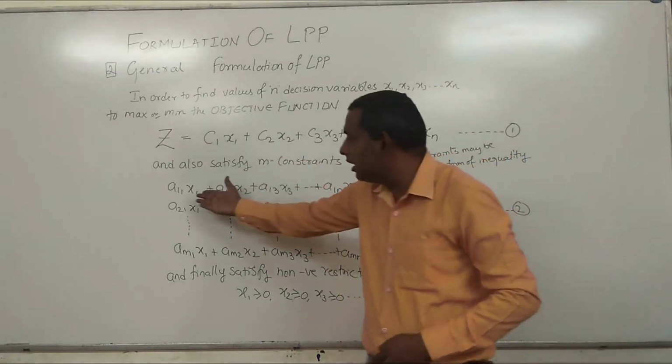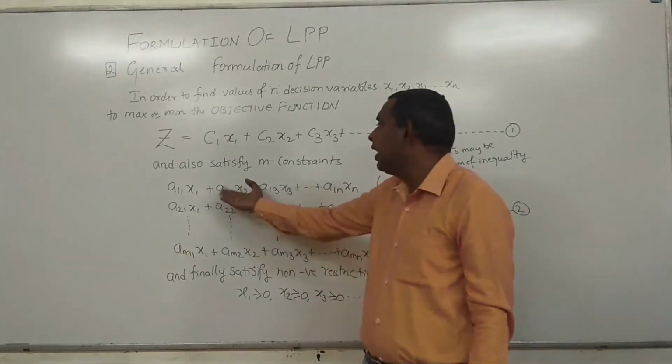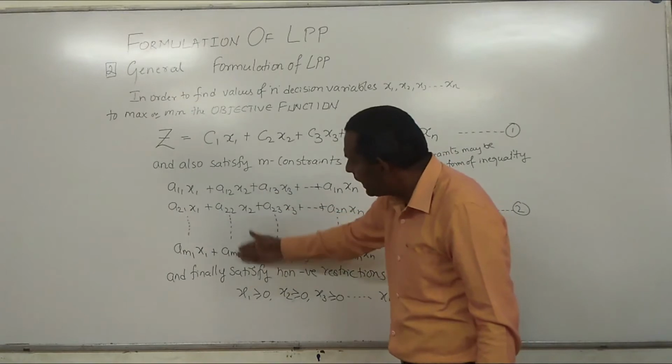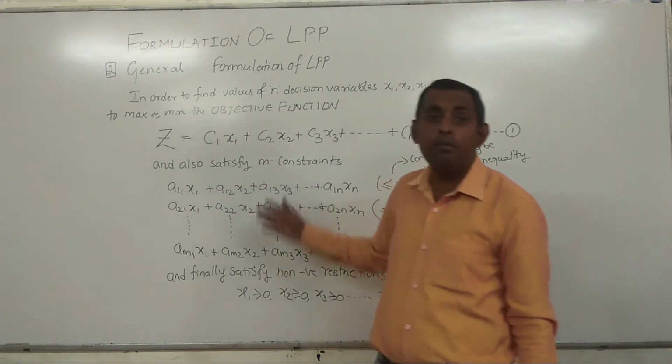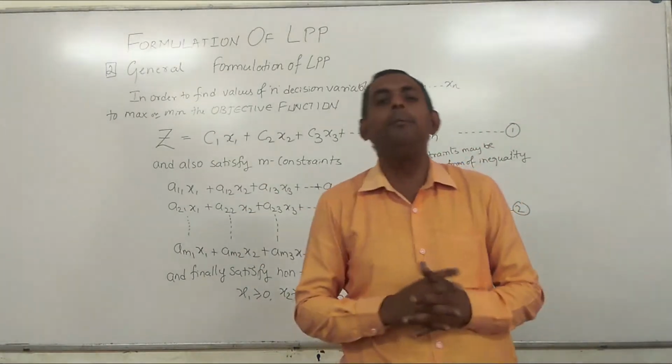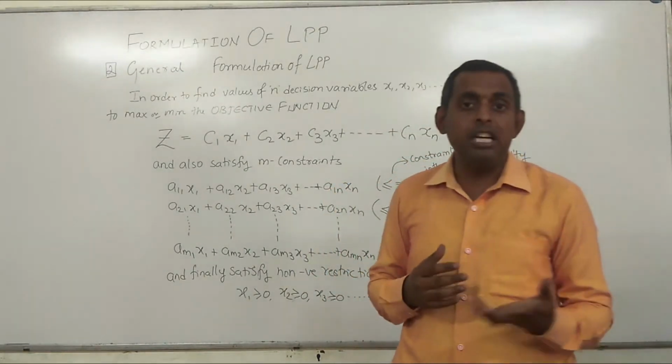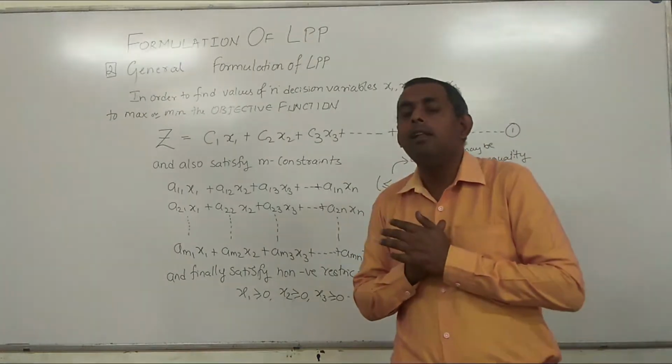What are those constraints? Here the constraints are a11x1, a12x2, a13x3, and so on. These type of equations we have already dealt with in the numerical and statistical methods subject, which is there in the second semester.